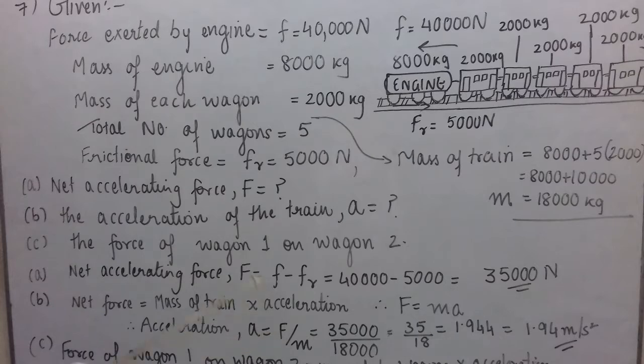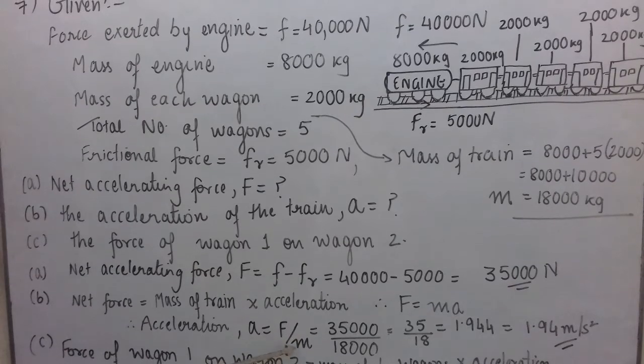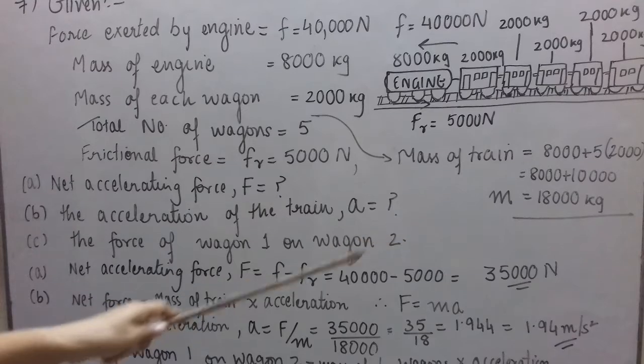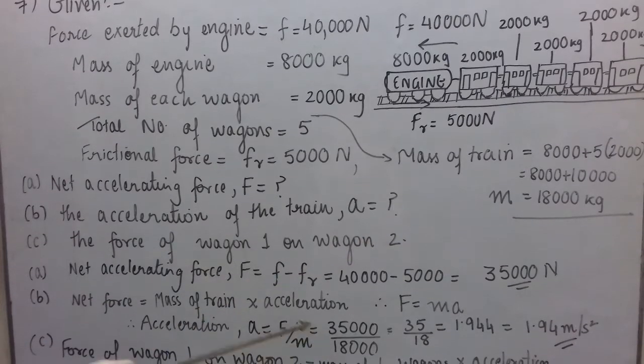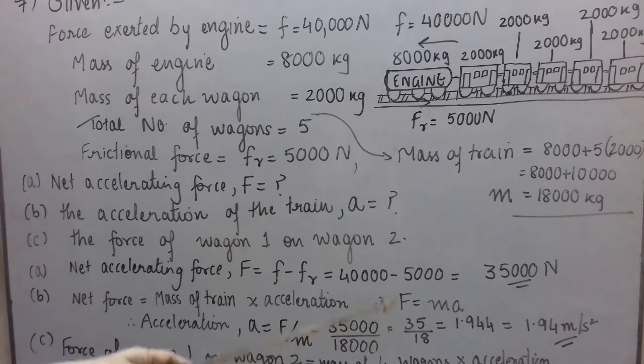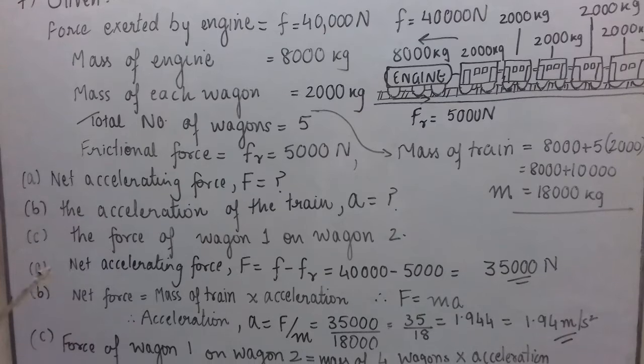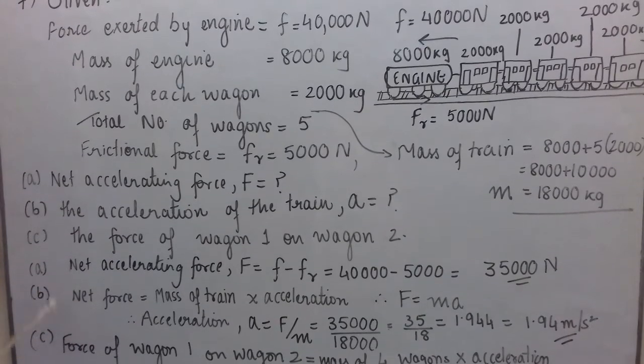F is the net accelerating force that we have calculated in part A, 35,000, divided by the total mass of the train, which includes the mass of the engine also, that is 18,000 kg. After doing the division, we get a equal to 1.94 meter per second square. Okay, so these were quite simple.